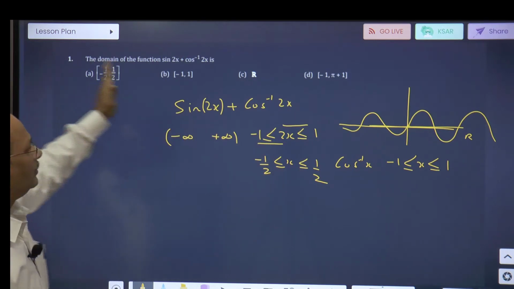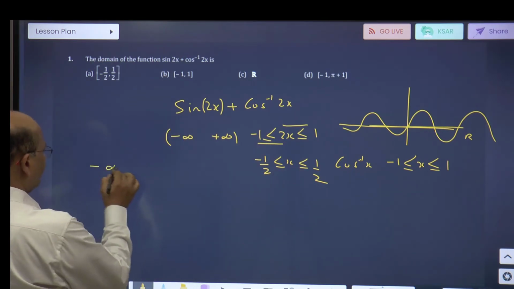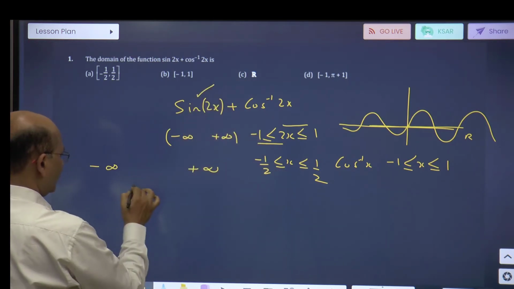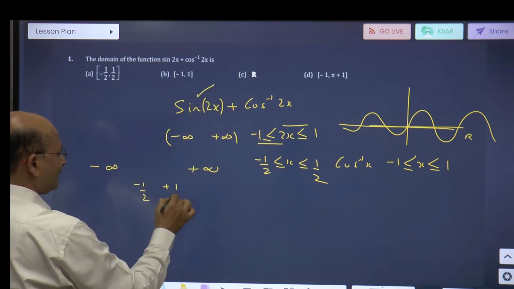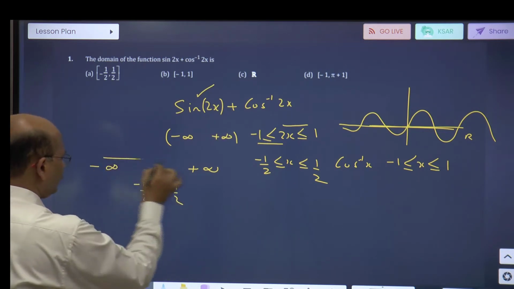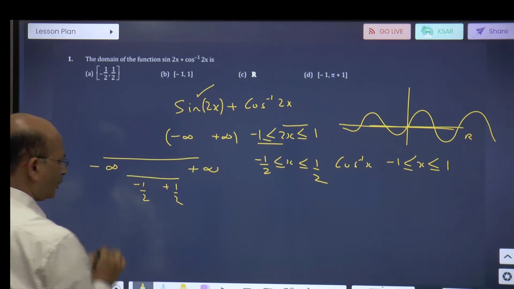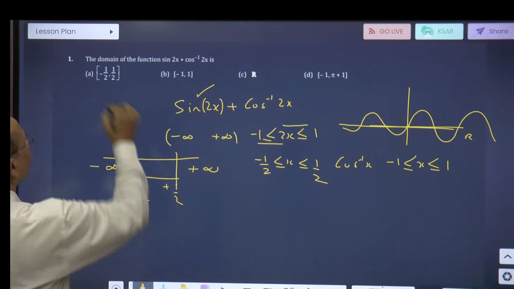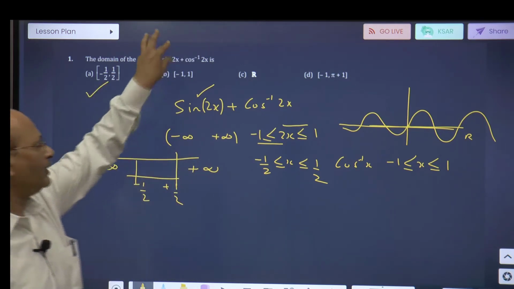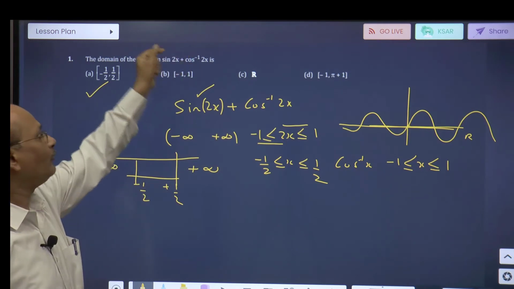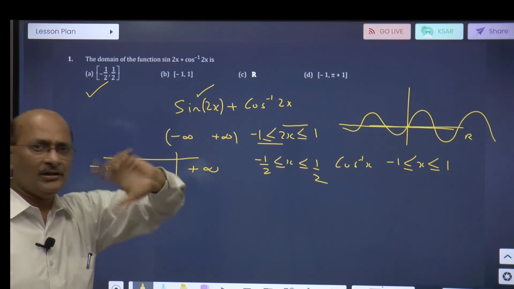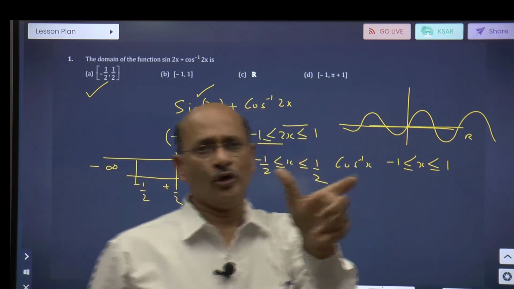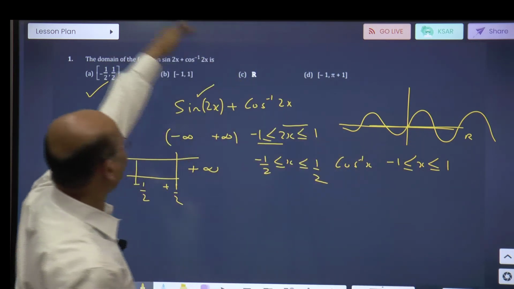Look at the options. Minus infinity to plus infinity is for this, and for this it is minus half to plus half. This is for sine and this is for cos. Which is the common one? The common one is minus half to half. So whenever you have a combination function, remember this: you find the domain of each, and the intersection of those will be the domain for the combined function.